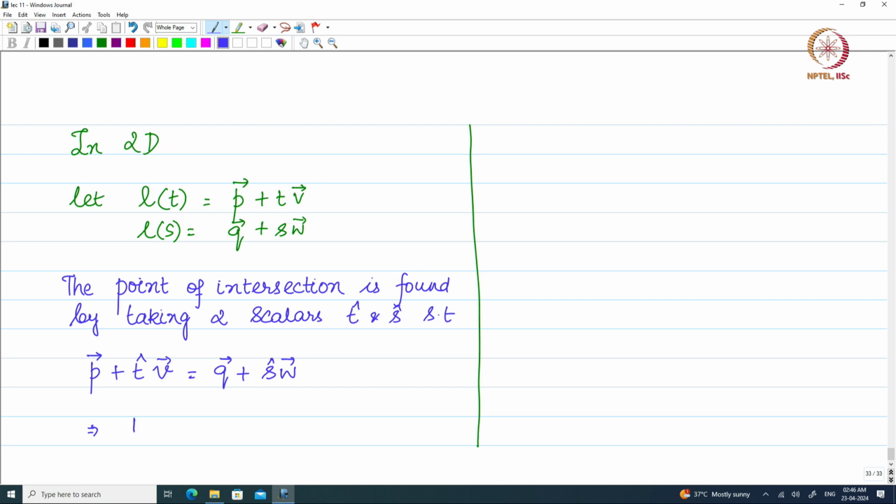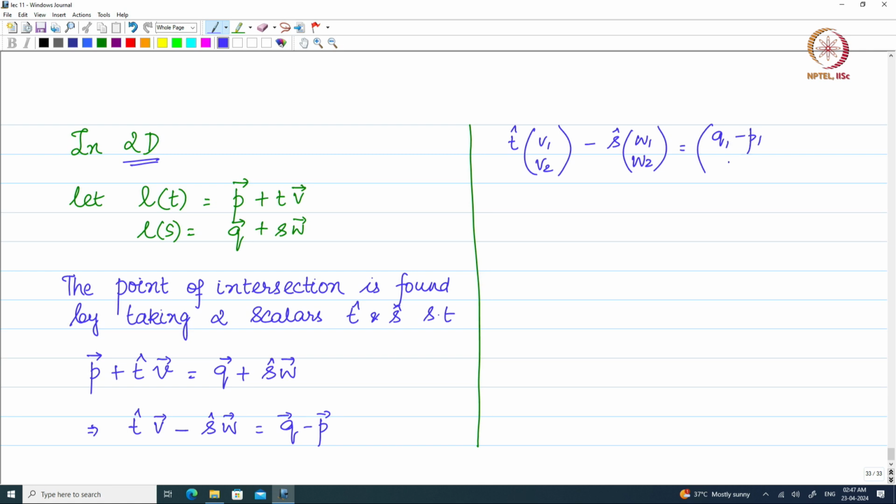What it means is t hat v minus s hat w is equal to Q minus P. It is interesting to note that we have all these vectors and points in 2D, so we must have that in mind. So, I have t hat into (v1, v2) minus s hat into (w1, w2) is equal to (Q1 minus P1, Q2 minus P2).